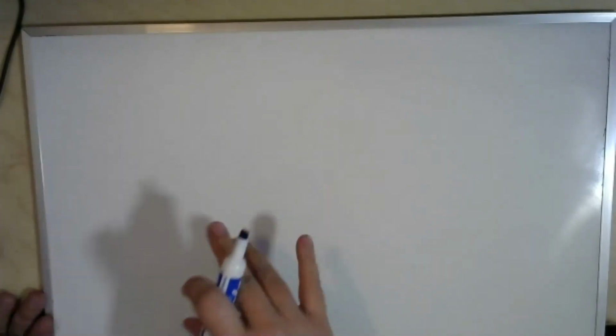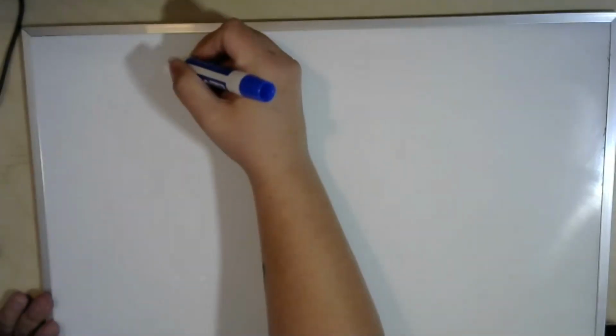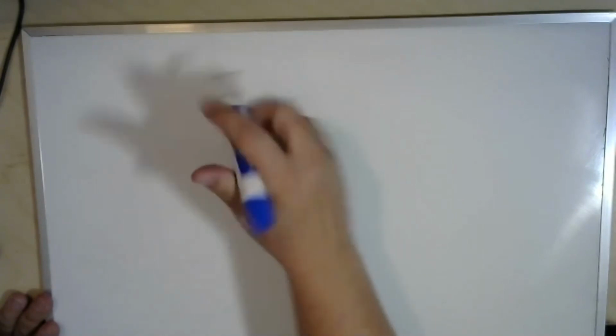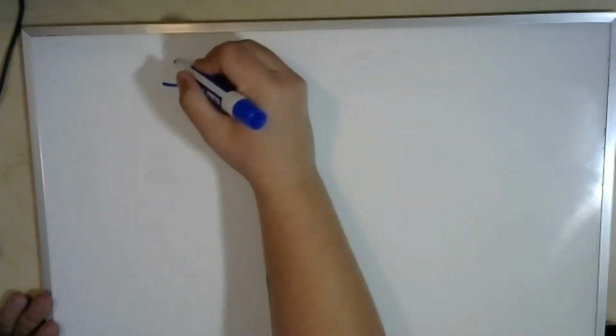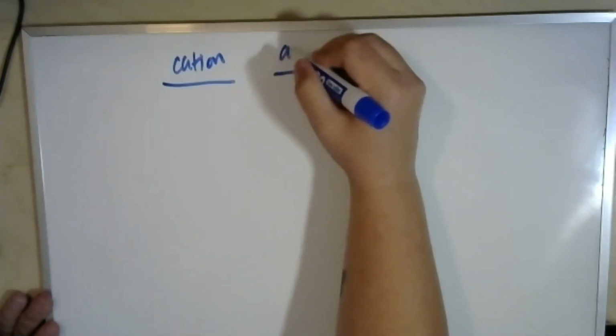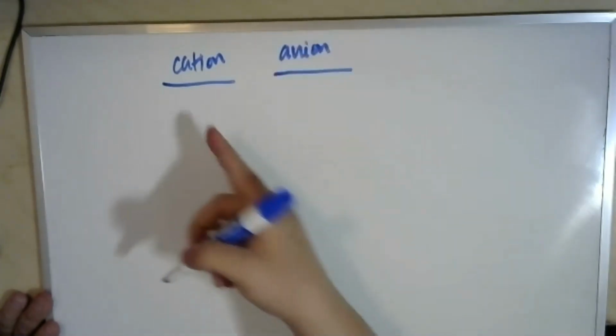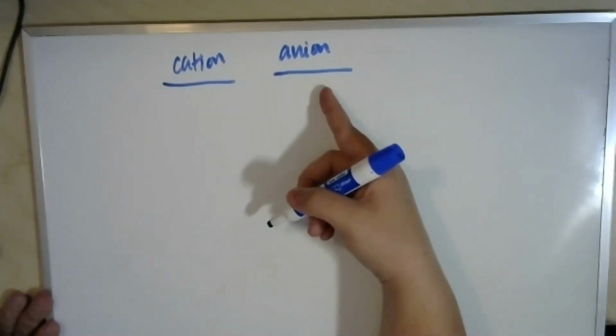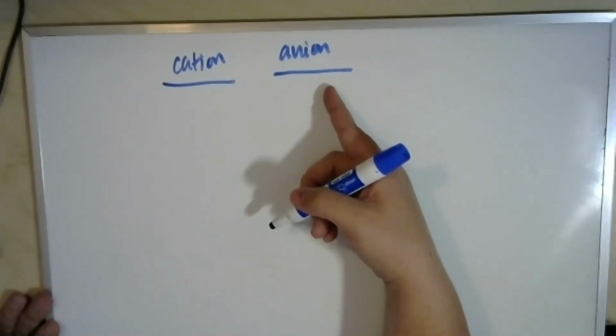All right. When you are looking to name your coordination compounds, you have to understand that whatever is written first is going to be your cation, and whatever is written second is going to be your anion. Sometimes the cation is your complex ion. Sometimes the anion is your complex ion.